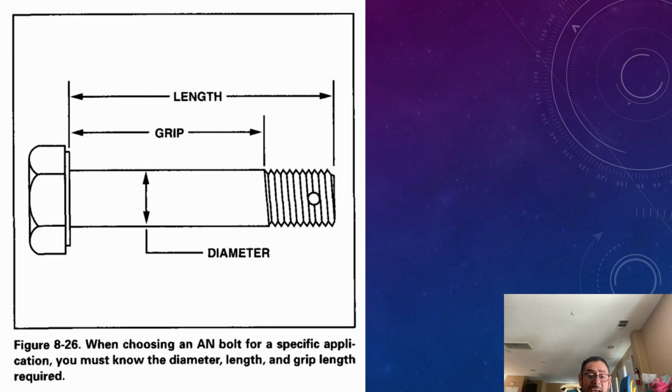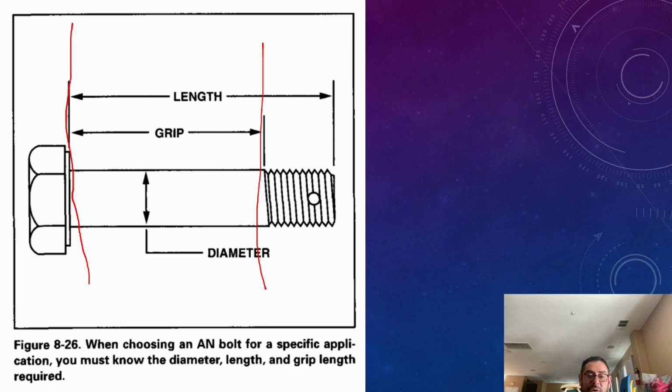When choosing an AN bolt for a specific application, you must know the diameter, length, and grip that's required. You must be able to understand what they're talking about. The grip starts here and it runs through here.